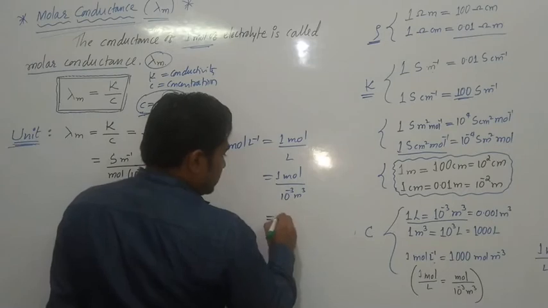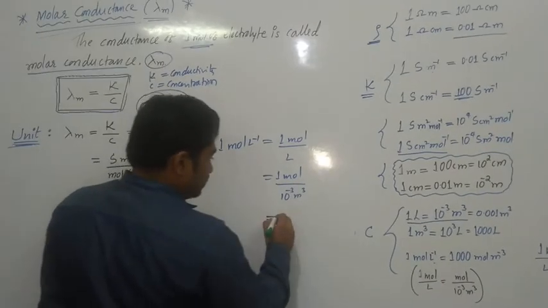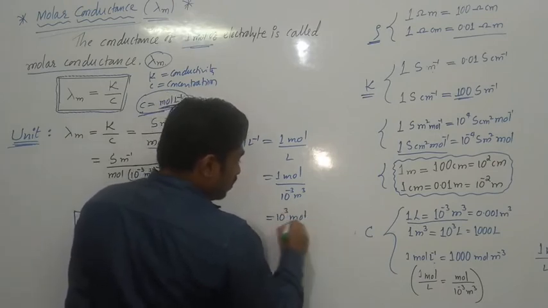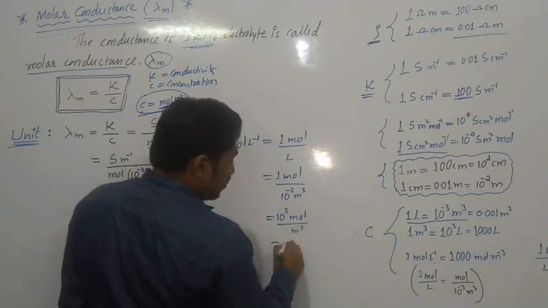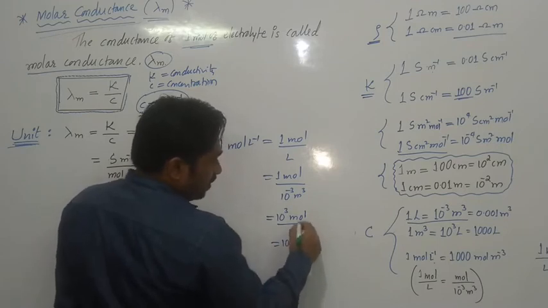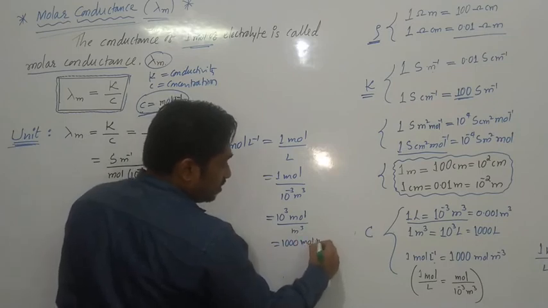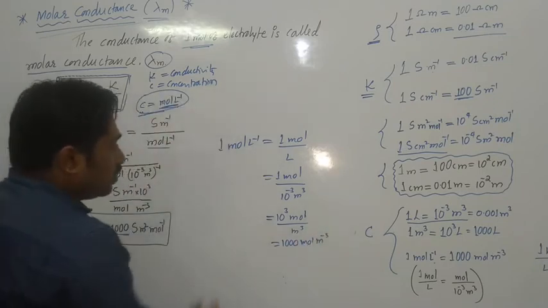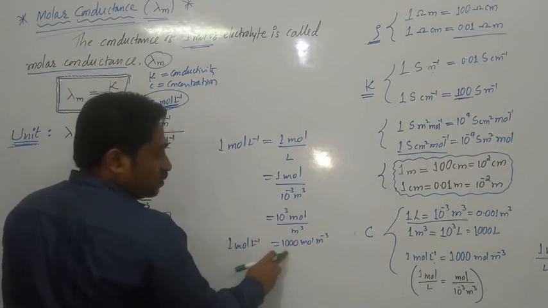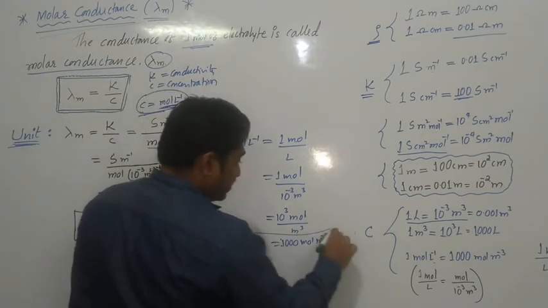So what can I write? 10 to the power minus 3, if it goes to the numerator, becomes 10 to the power plus 3. So 10 to the power 3 mole divided by cubic meter. 10 to the power 3 means 1000. So we will write per cubic meter. 1 mole per liter is equal to 1000 mole per cubic meter.